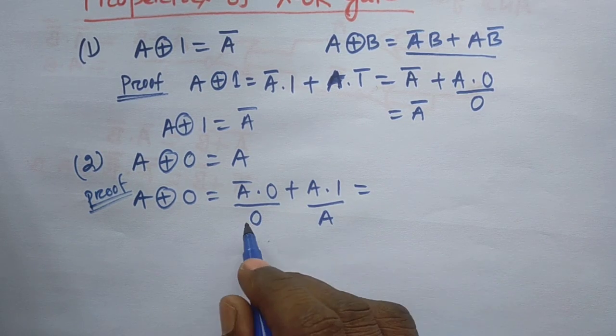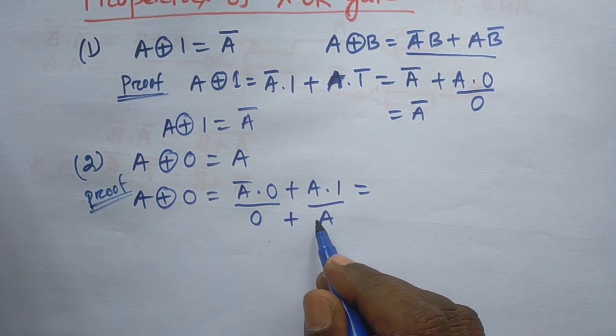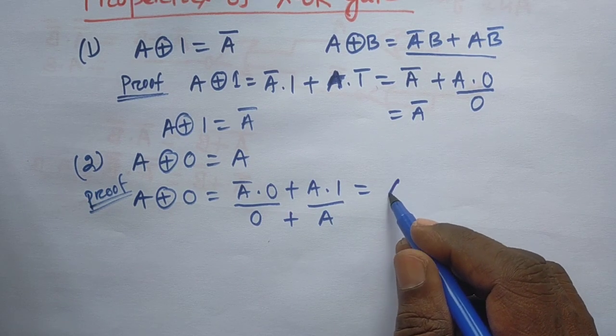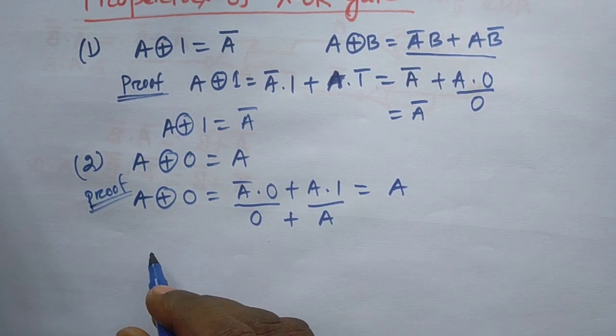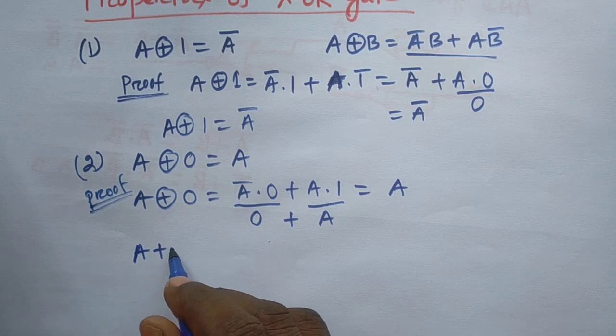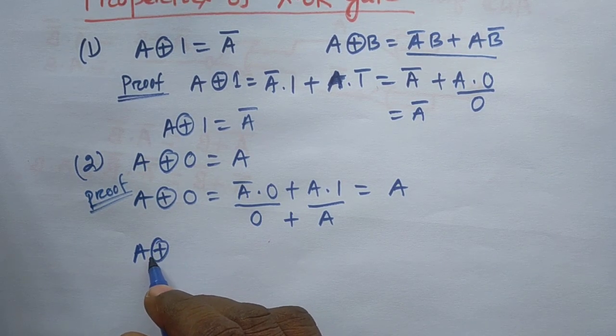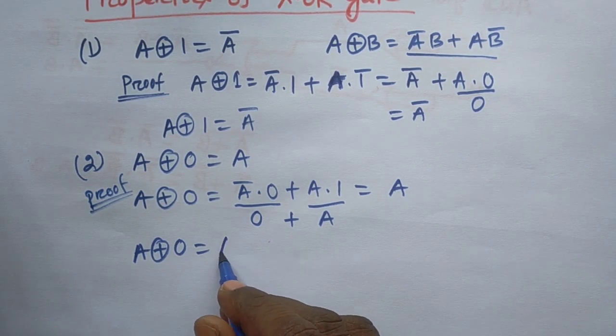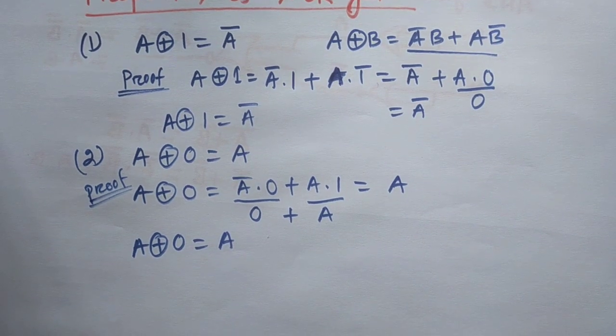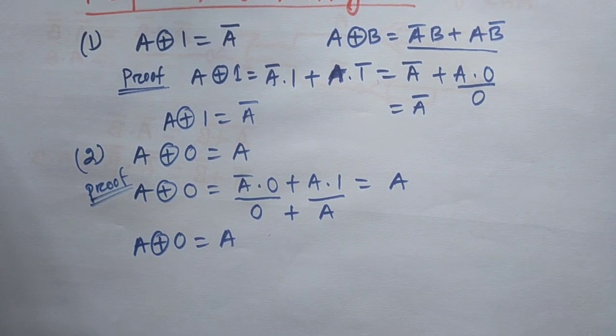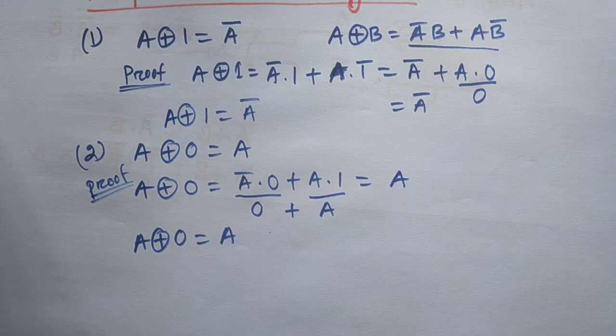So the total value is 0 plus a, that is a. So a XOR with 0, the result will be a. Okay. In this way, you have to prove one after another.